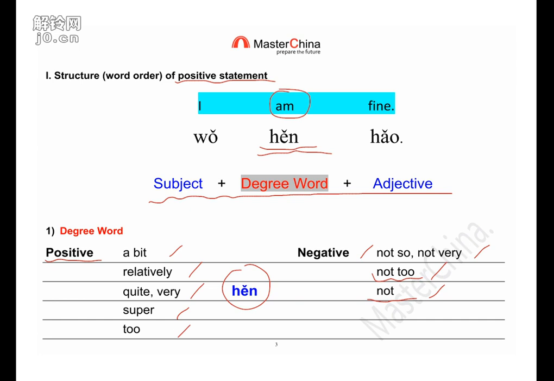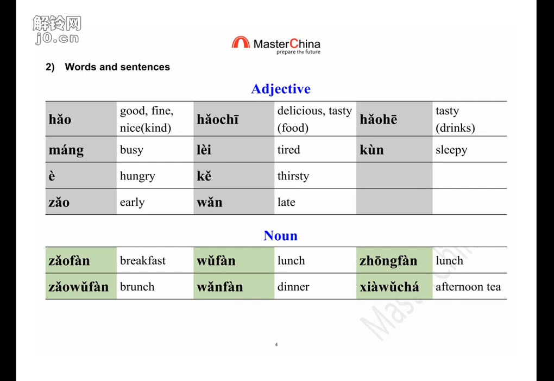Now we should learn more adjectives, then we can practice more expressions. Okay, let's check together. So, adjective. We already know that the good, fine, 好, nice. Even we can talk about the nice or kind of somebody, the nature or personality. So, same word, 好. Then, Chinese people also create some similar expression, 好吃.